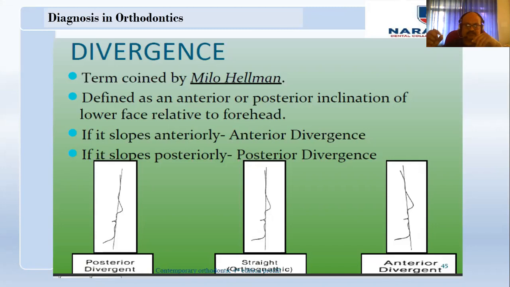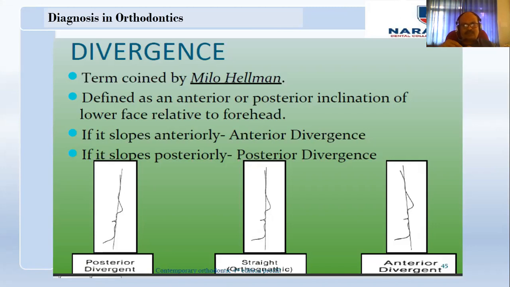What does the term divergence mean? Divergence is nothing but trying to establish a connection between our forehead and the chin. So it indicates the position of the chin or the mandible in relation to the forehead.